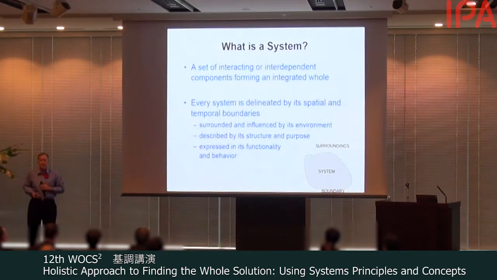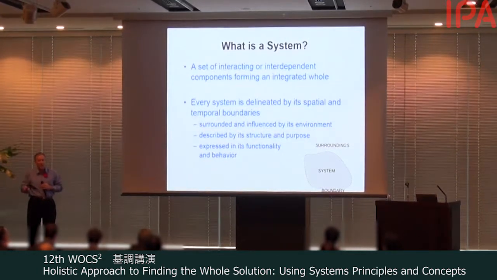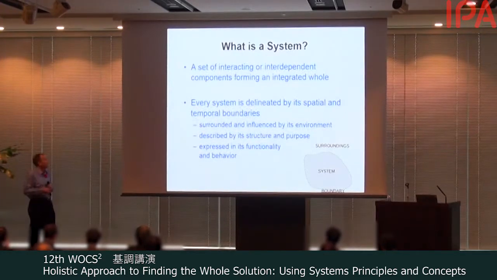So, what is the system? The system has holistic properties because the parts of the system need to come back together into a whole. So you need to understand, when you engineer the system, how those parts will come together to make the whole system.